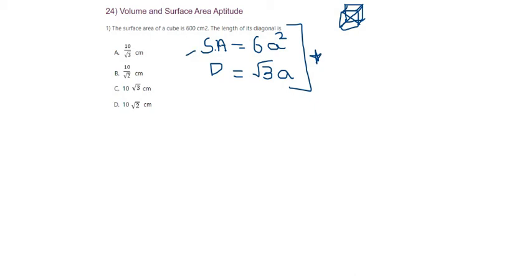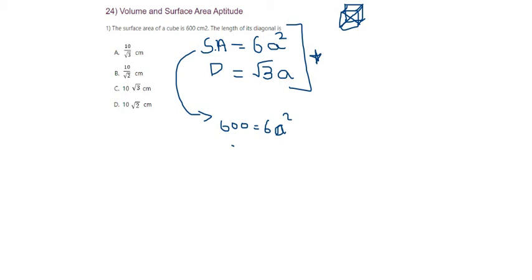Now let's see. Surface area of a cube is 6a square. Surface area they've already given, which is 600 centimeters squared. So 600 is equal to 6a square. Here a is your length. So let's find out the length first, not the diagonal.